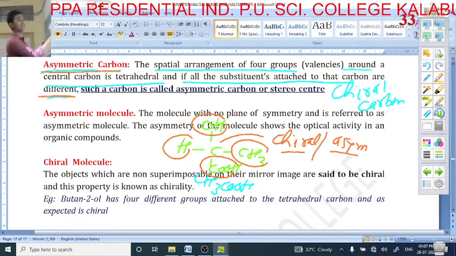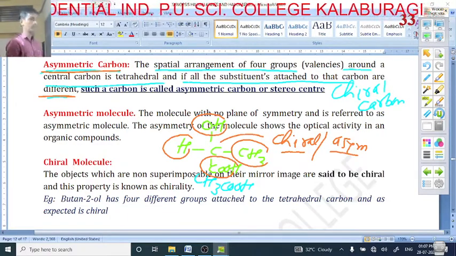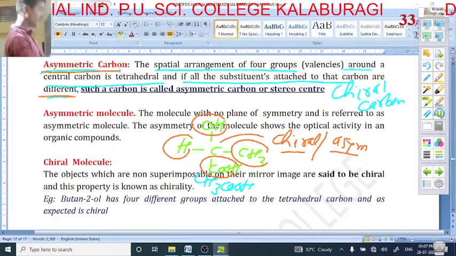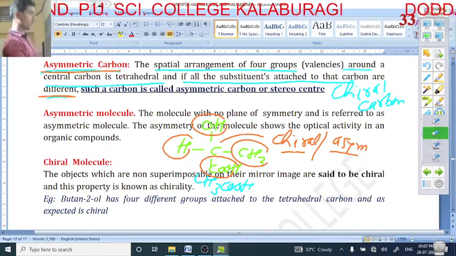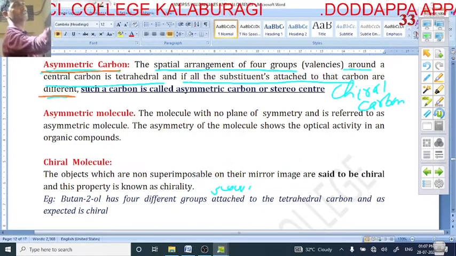So what is asymmetric? The carbon having four different groups is called chiral.